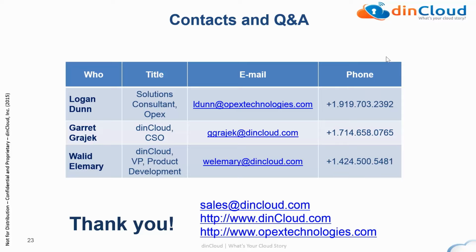HIPAA, of course, for healthcare, but PCI DSS for our friends in the retail business, or FFIEC, etc. Because we have the tools to help you meet those and can share the scans and the vulnerability assessments with you and help you meet your compliance.